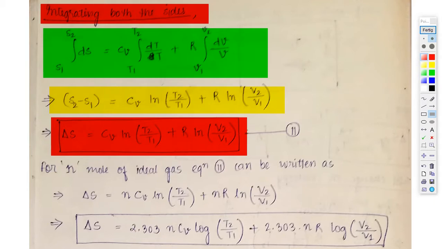We have done this for 1 mole of a molecule. Now let's do it for n moles of the ideal gas.